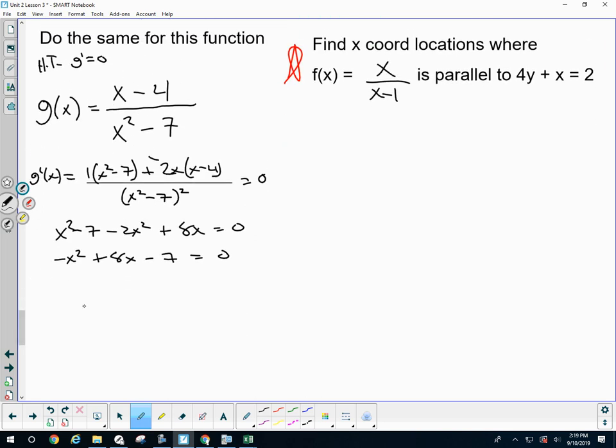I'm going to factor out a negative 1, which will allow me to factor the remainder. They asked me to find the points, find the points.